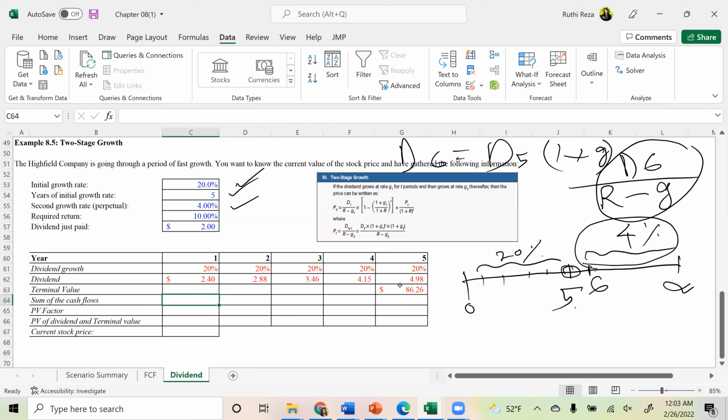Next, calculate sum of the cash flows. Then calculate the discount factor.